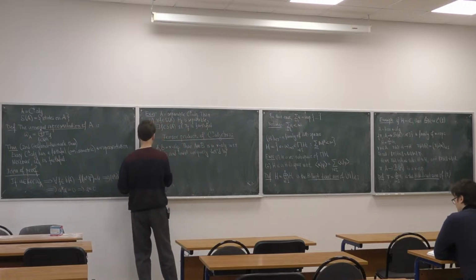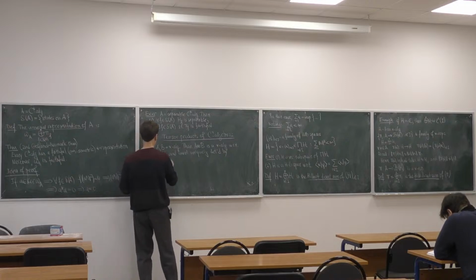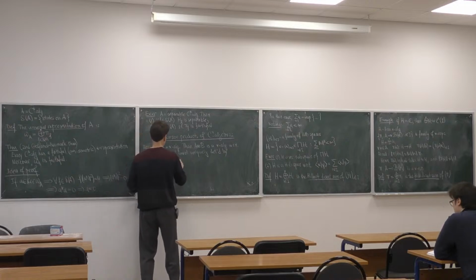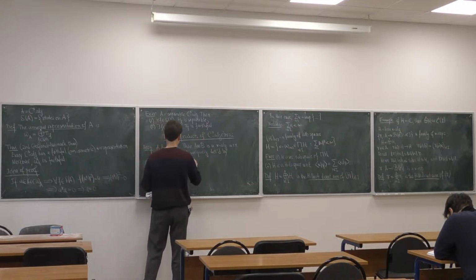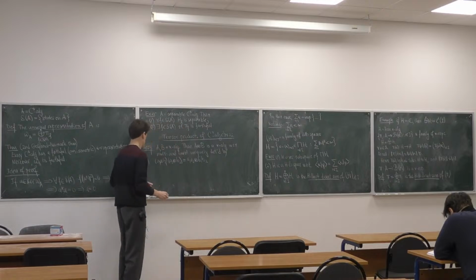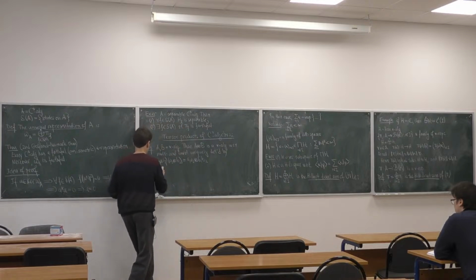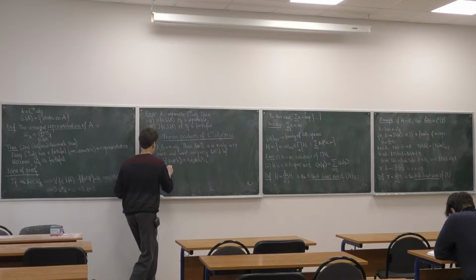The product of two elementary tensors is again an elementary tensor of the following form. And the involution applied to an elementary tensor a tensor b is just a star tensor b star.